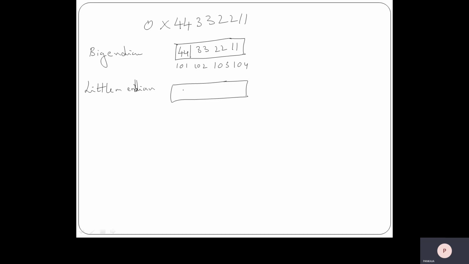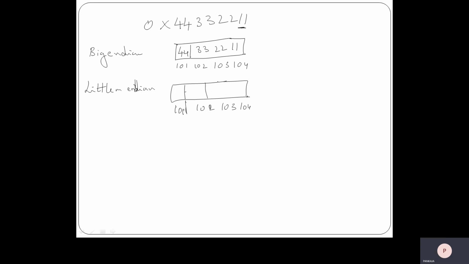If it is little endian, the lower byte addresses are used for representing the less significant byte. I am considering the same word. I am taking the less significant byte and representing it in the lower byte address. I am just considering these as the memory addresses, 1, 2, 3 and 4.